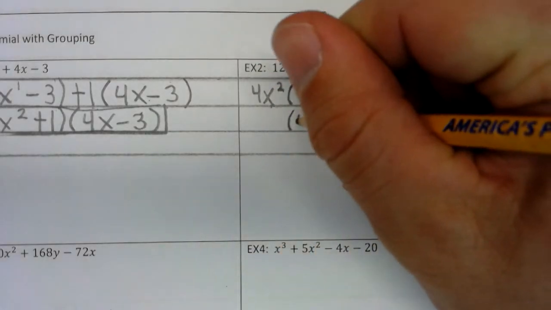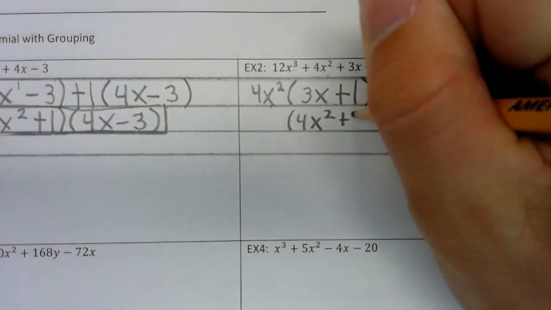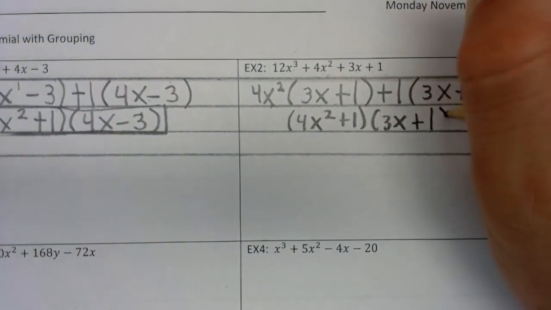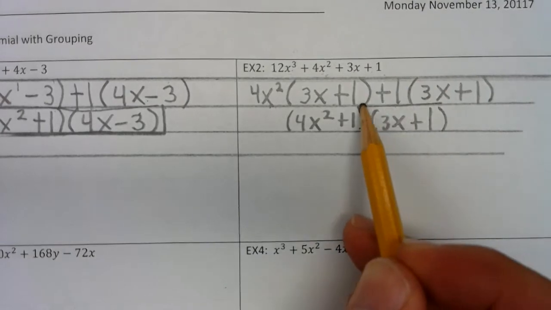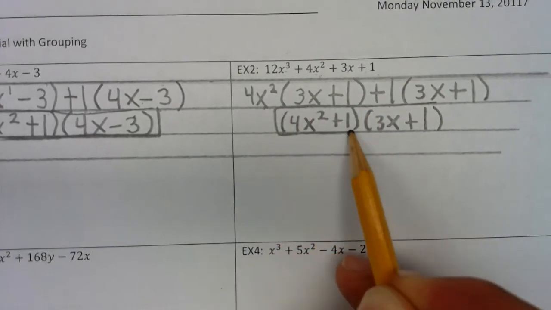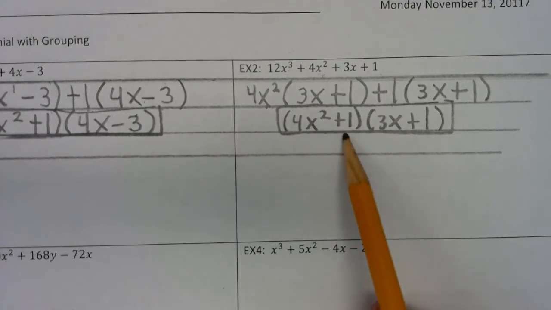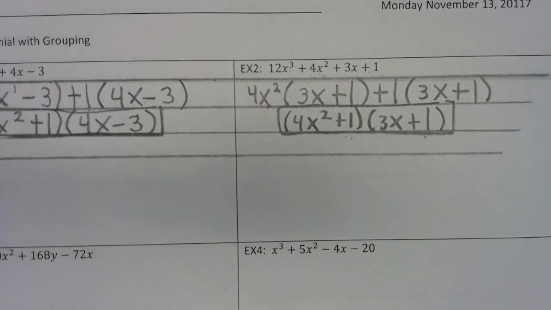So that's 4x squared plus 1 times 3x plus 1. And we know we're done because there's no greatest common factor and there's no difference of squares in either one of those.